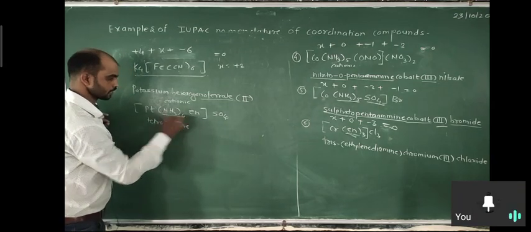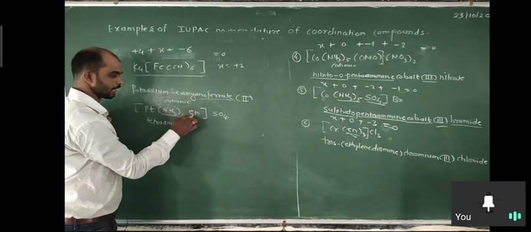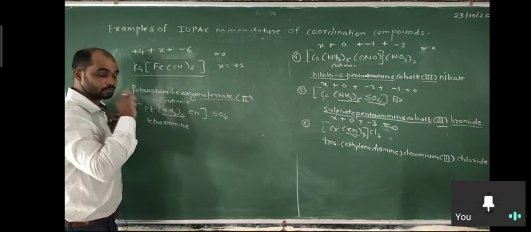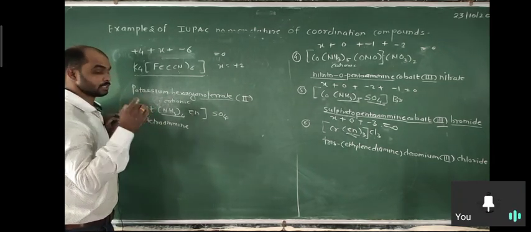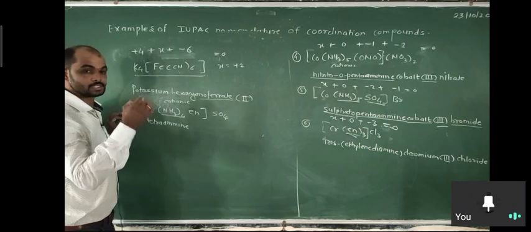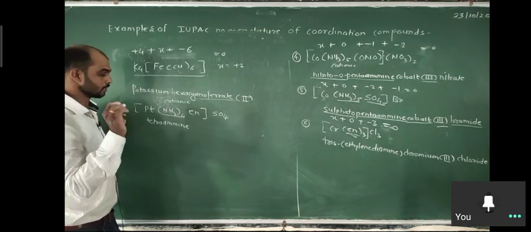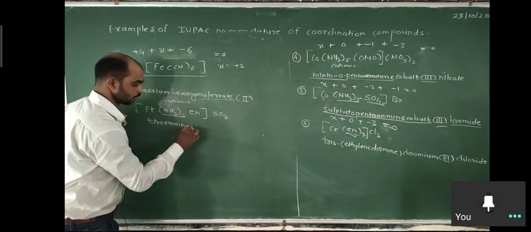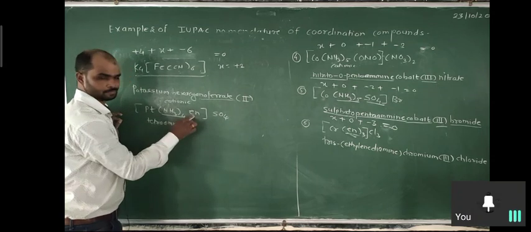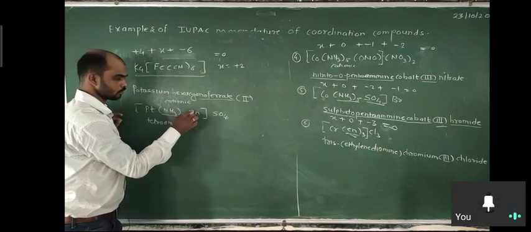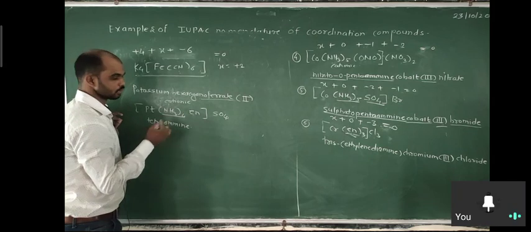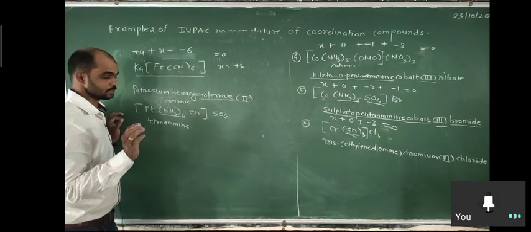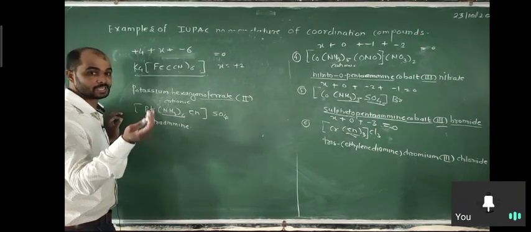Okay, so that is finished. Then for ethylene diamine, it is a different kind of ligand because its name itself has a prefix, the di. That's why we use a different prefix. But here is only a single ethylene diamine, so there is no need of prefix because prefix is used only when more than one ligand is present.